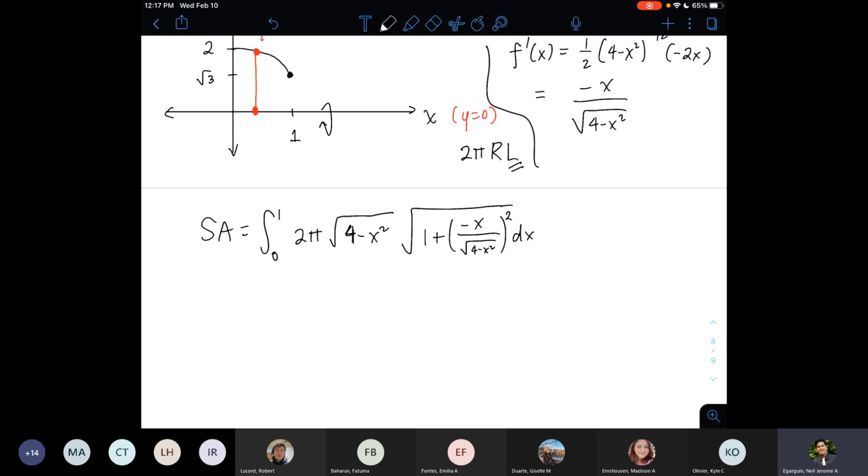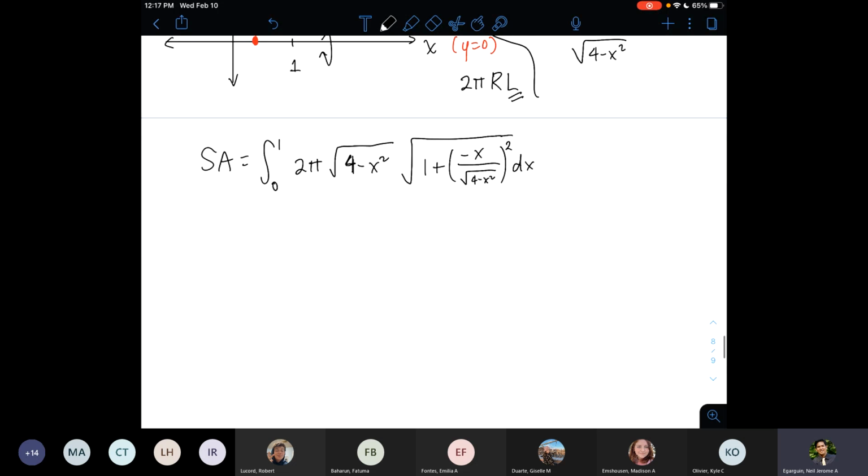Well, perhaps for this first example, we can do the evaluation of the integral. And then for the rest of the examples, I'll just do the setup and I'll leave the integration to you guys, okay? So let's see. This would be the integral from 0 to 1 of 2 pi root of 4 minus x squared. Then I'll simplify the radical here.